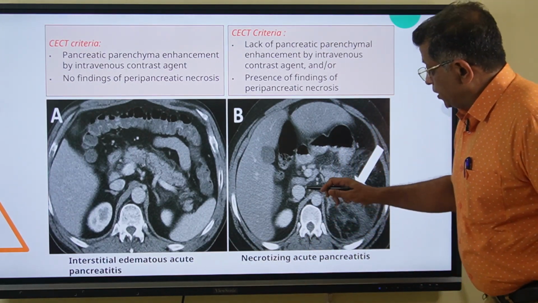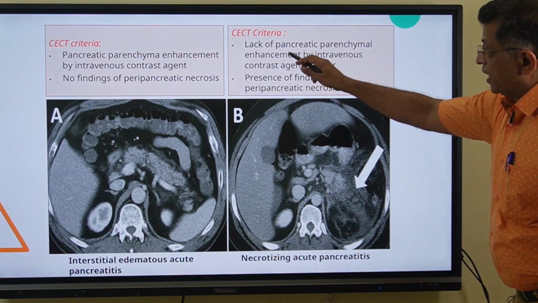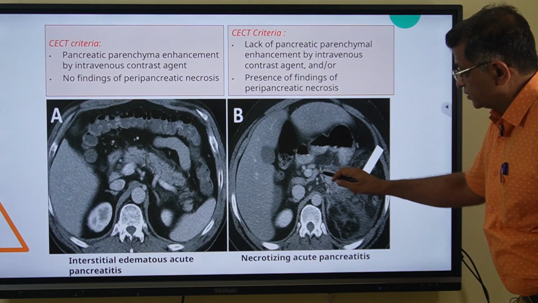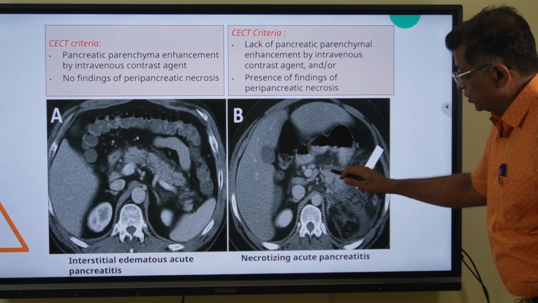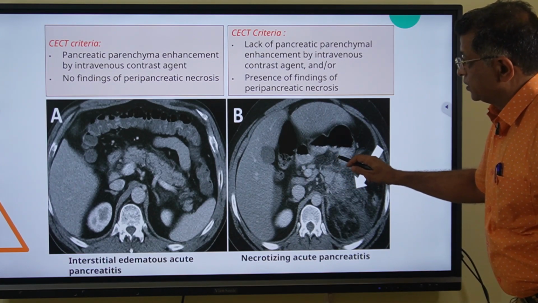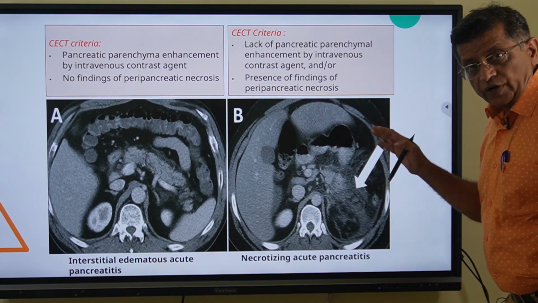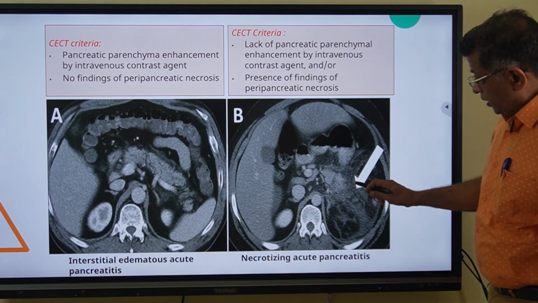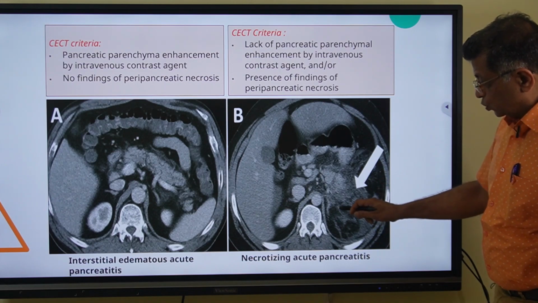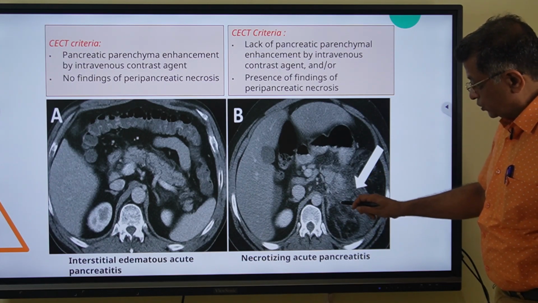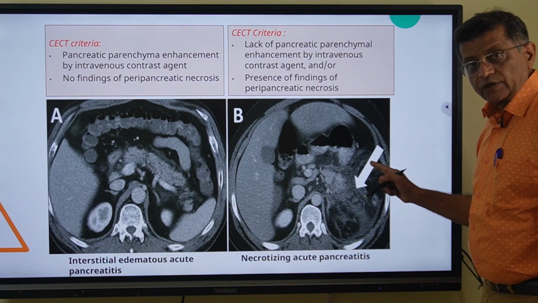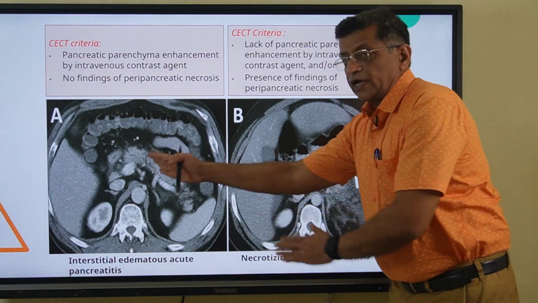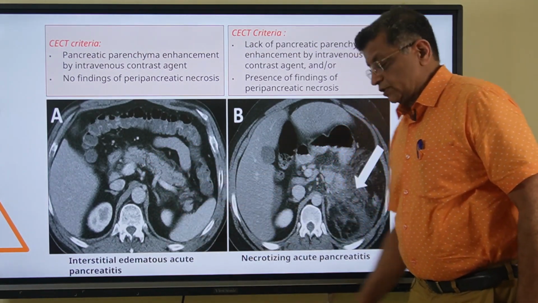While in necrotizing acute pancreatitis, there is lack of pancreatic parenchymal enhancement. You can see that some parts are enhancing, but there is this black shadow within the pancreas. This is suggestive of necrosis, so this is necrotizing acute pancreatitis. And as you can see, there is peripancreatic necrosis as well. The black spots around the pancreas suggest peripancreatic necrosis. So this is acute necrotizing pancreatitis and this is acute interstitial edematous pancreatitis.